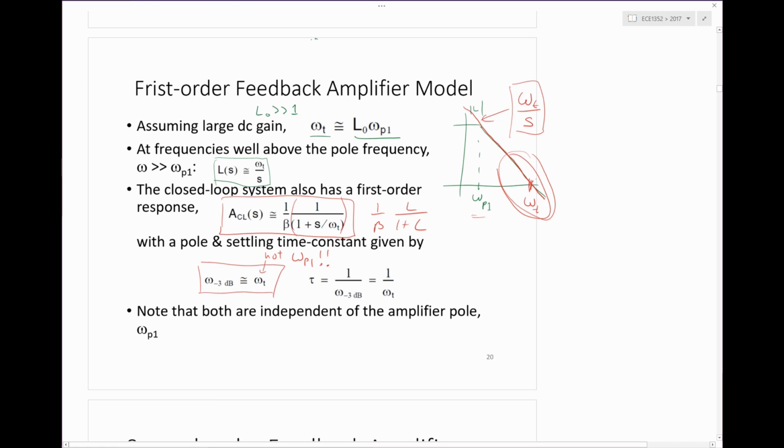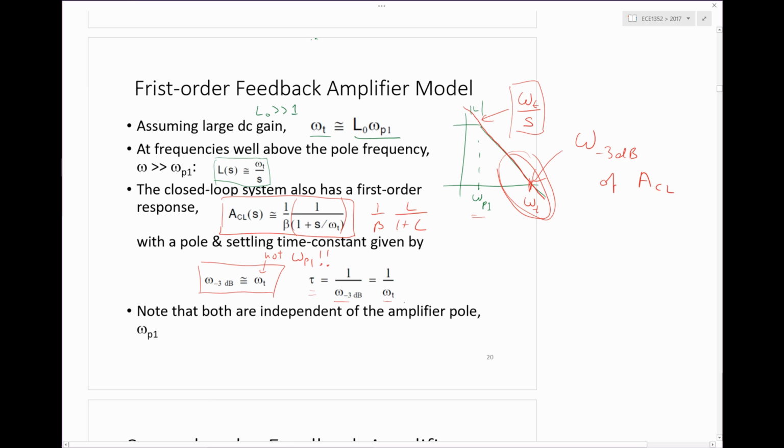This frequency is going to be omega negative 3 dB, which means the 3 dB bandwidth of ACL. So that's our closed loop bandwidth, and since it's a single time constant network, the settling time constant of the closed loop amplifier is just 1 over that, or 1 over omega t.